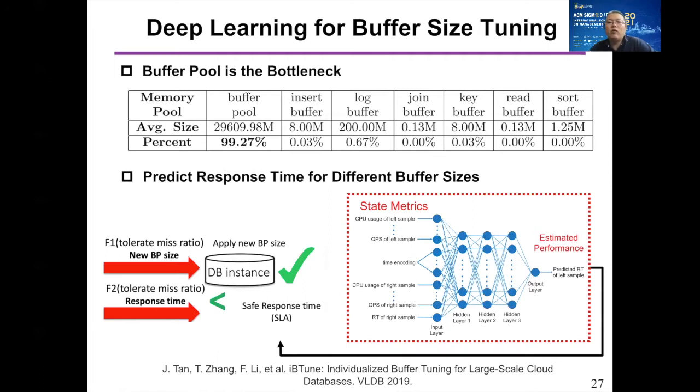So for example, the user wants to execute a query within 1 second, how can we tune the buffer? If we increase the buffer size, the query may be faster because most of the data will be in memory. But if the performance already meets the requirement from the user, we can decrease the buffer size. How to evaluate whether the buffer size is enough to meet the SLA? I think this is also very important. And there are some learning-based methods that work on this.